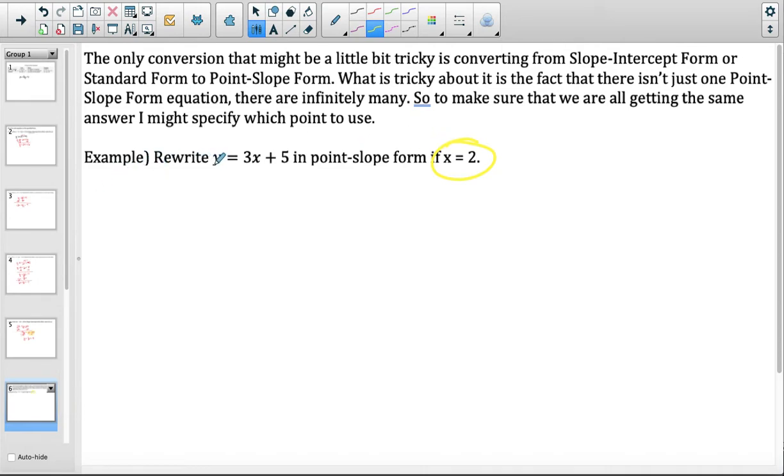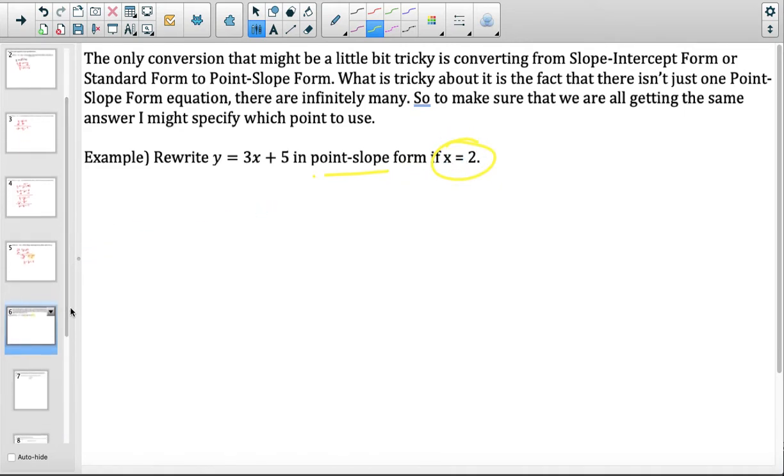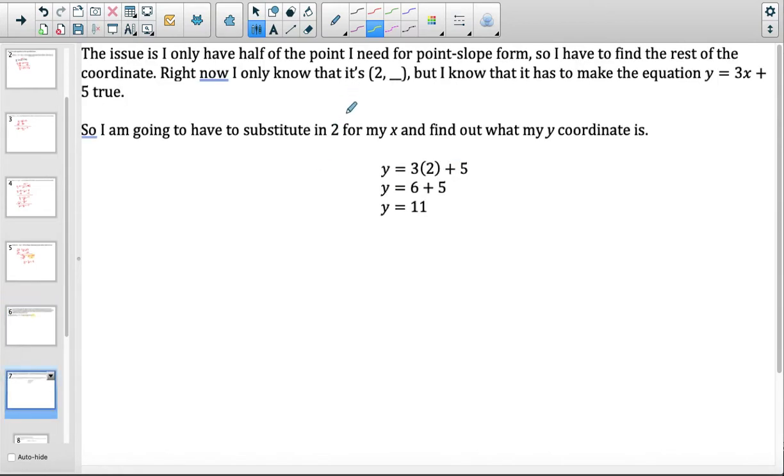If I told you that y equals 3x plus 5 and I want it in point slope, I'm first going to say I want the particular point that involves x equals 2. To focus on that, we have to find the y coordinate. If I already have the equation in slope-intercept form, that's easy enough.